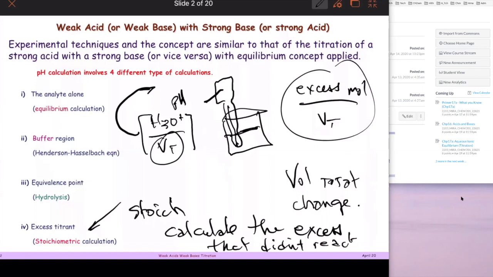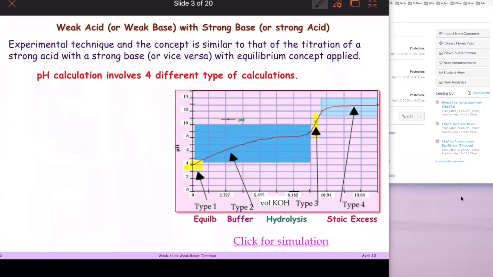Okay, so here's what a typical titration curve looks like. Notice that it starts high, which means probably it's a weak acid. Remember that a weak acid has a very small concentration of hydronium to start with, 10 to the minus 3, 10 to the minus 4, 10 to the minus 5, and the negative log of 10 to the minus 4 is about 4.